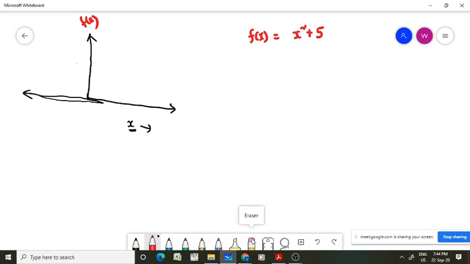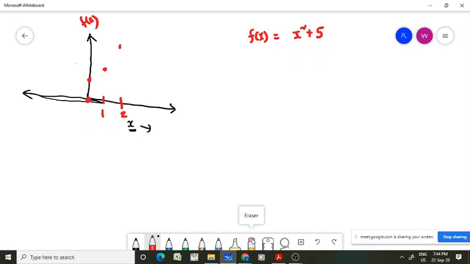When x equal to 0, f of x equals 5, somewhere here. When x equal to 1, 1 square plus 5 equals 6, so the point will be here. When x equal to 2, 2 square plus 5 is 9, so somewhere here.